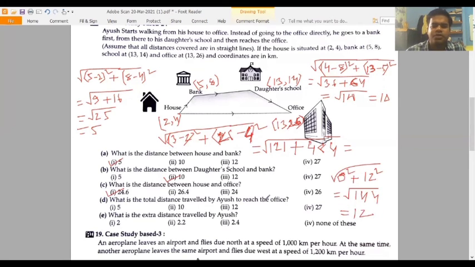So for the total distance you add 5, 10, and 12. That means the total distance traveled is 27.